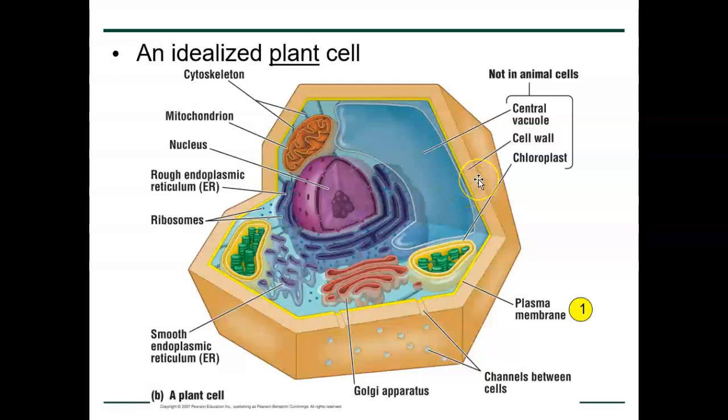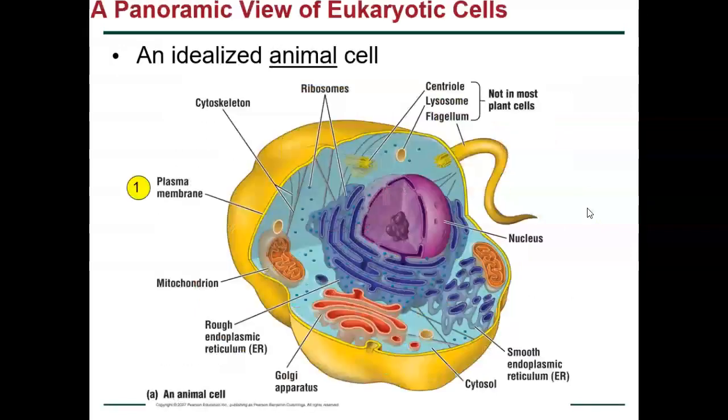And then plant cells have a cell wall outside of that. Okay, so in a few minutes, we'll be talking about all of these different components of the cell, and most of the items are in both types of cells.